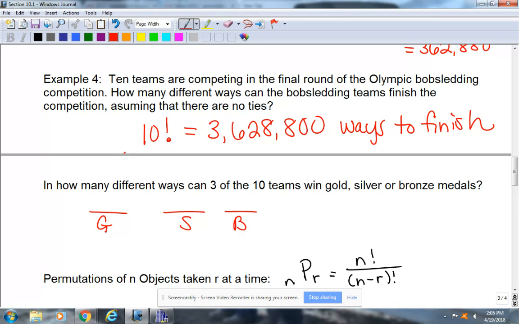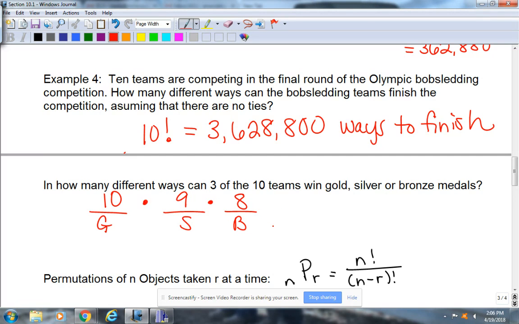How many teams are in the competition? 10. So there's 10 possible teams that have a chance of winning the gold, right? Now, if they win gold, can they also win silver? No, you can't win gold and silver medals. So how many options are there for the silver medal? So how many are there for the bronze medal?